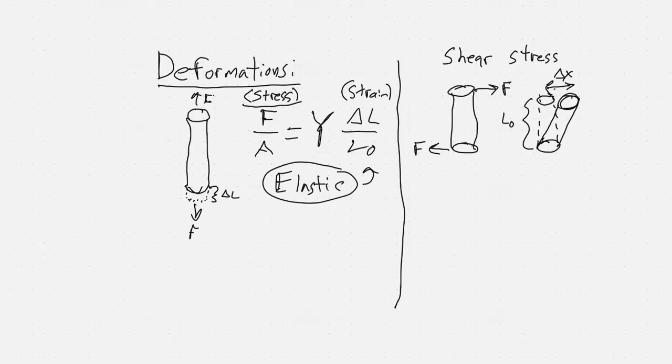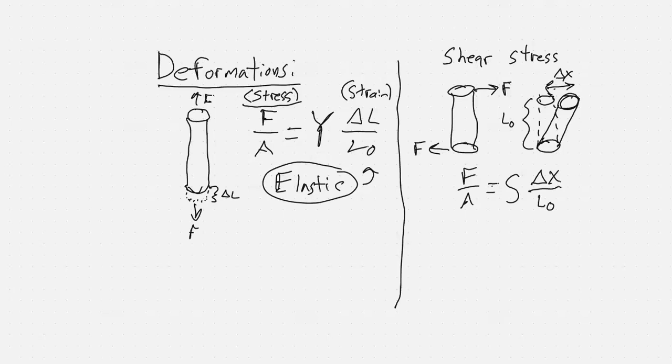So force applied over area will be equal to, in this case, the shear modulus multiplied by the shear strain, which is the lateral deformation, over the original length of your object.